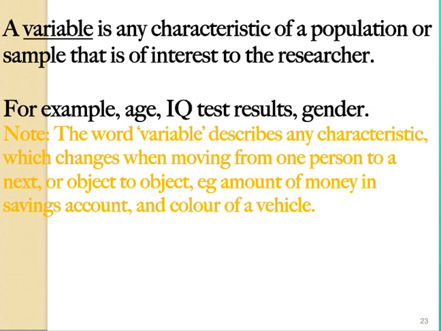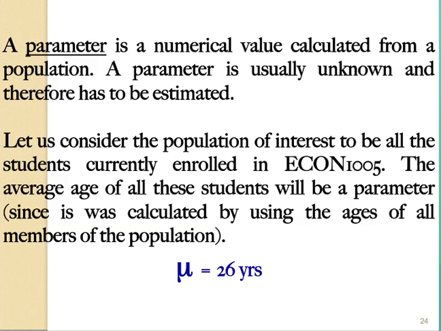Now another term, a variable. A variable is any characteristic of a population or sample that is of interest to the researcher. So if the researcher is interested in collecting data on a person's weight, age, IQ tests, gender, etc., that's your variable. That variable changes from one person to another, or from one object to another, whatever the researcher is investigating.